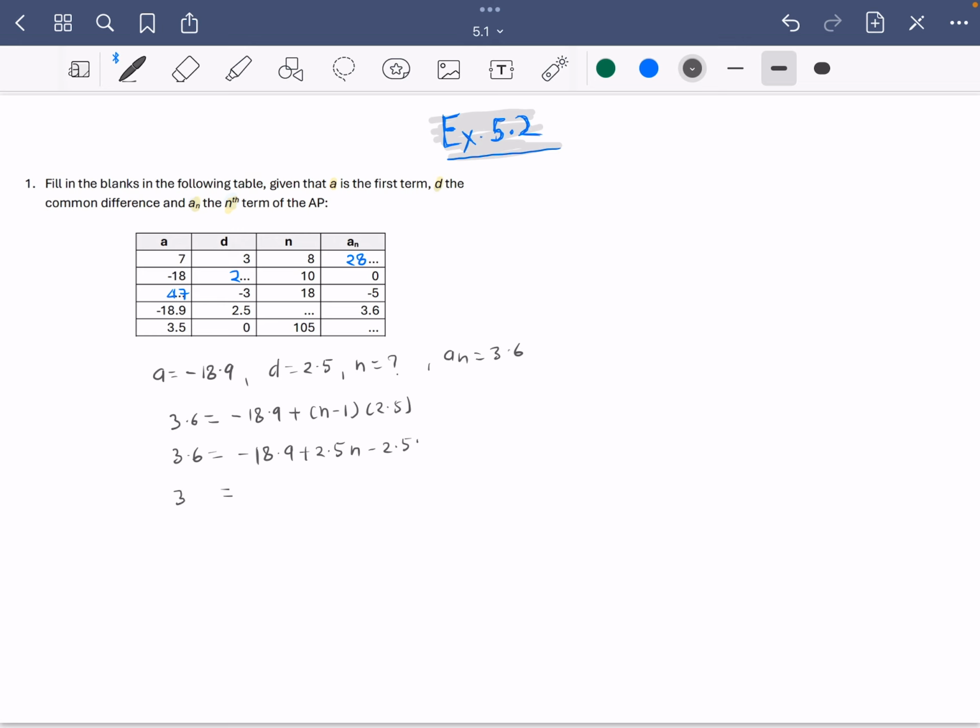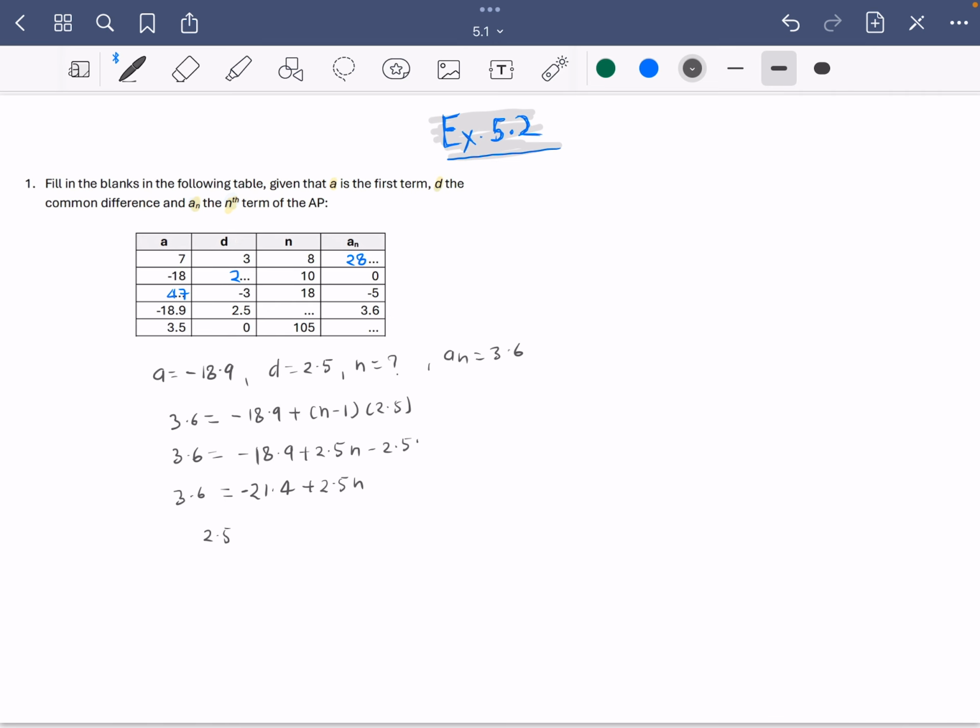Which is going to be 3.6 equals minus 18.9 minus 2.5, which is negative 21.4, plus 2.5 N. So I'll bring it over here, or we can rearrange these.